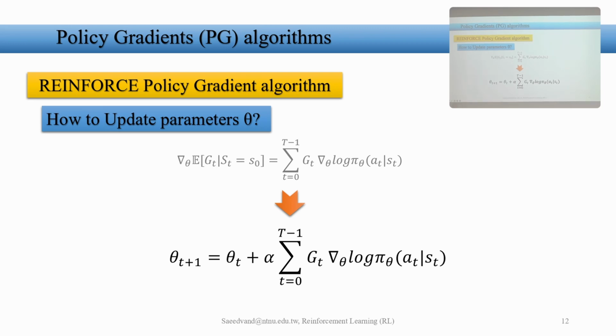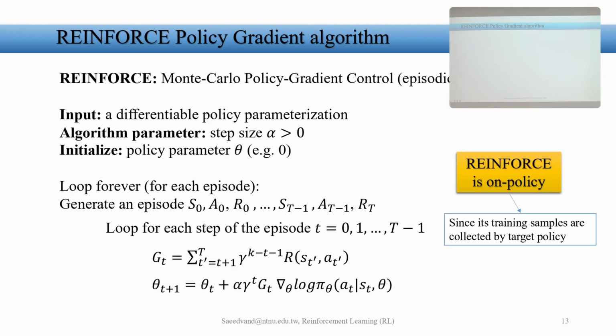Okay, this equation has different representations in different resources. You may need to study a little bit and be careful, because I see more than 10 different forms of representation of the REINFORCE algorithm. Now let's see step by step how the REINFORCE algorithm works.